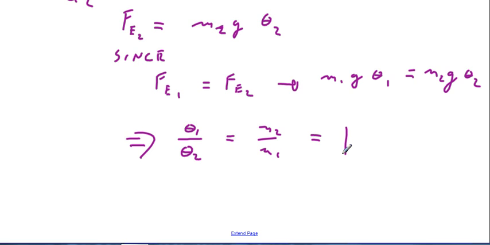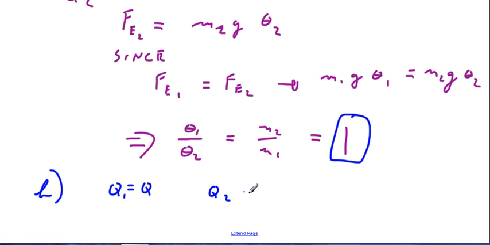Okay. Now, I'm going to do part 2. I'm going to do it over again. And so part B, so that's the answer to part A. So in part B, we're going to have Q1 equal to Q, Q2 equal to 2Q, same as before, but now we're going to have M1 equal to M and M2 equal to 2M.